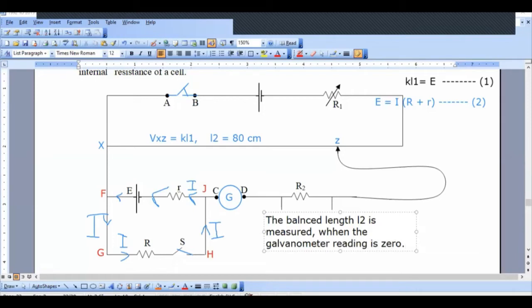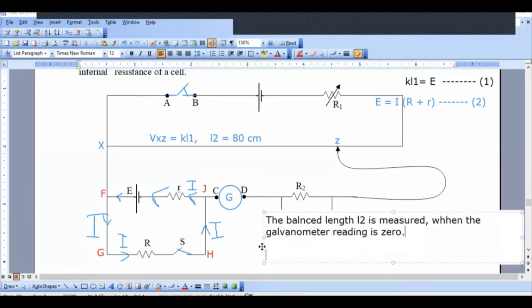The balanced length L2 is measured when the galvanometer reading is 0. Right?